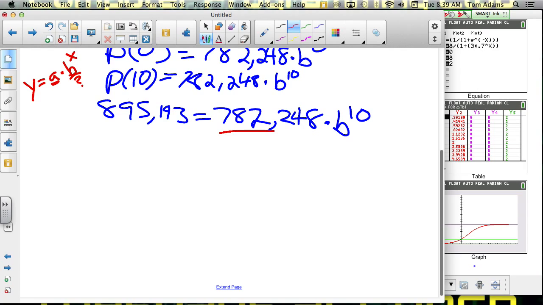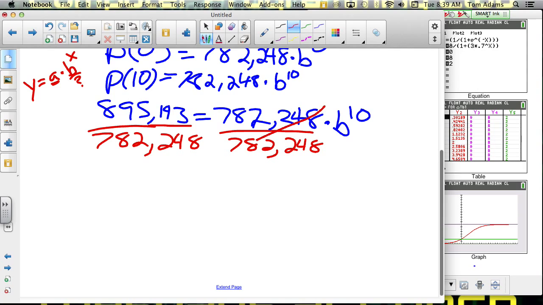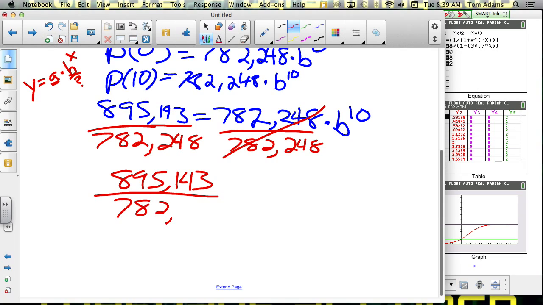So what I'm going to do is divide both sides by 782,248. This side cancels, and I get this number over this number is equal to b to the 10.